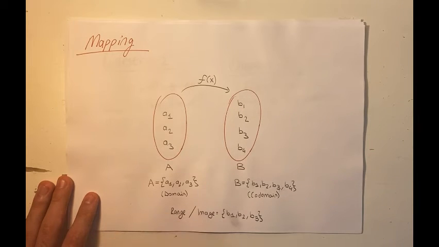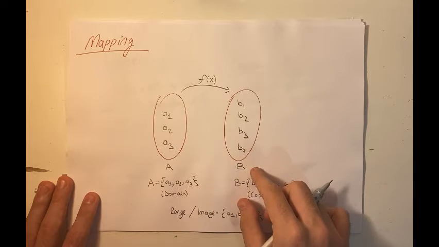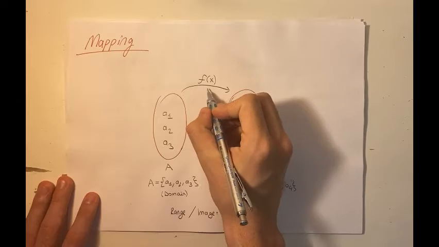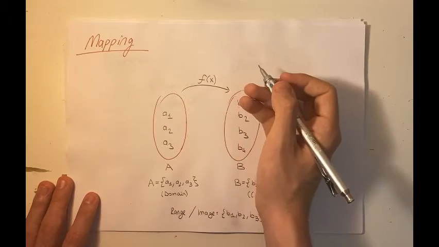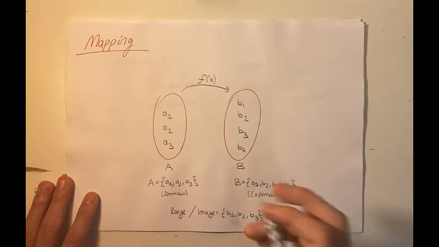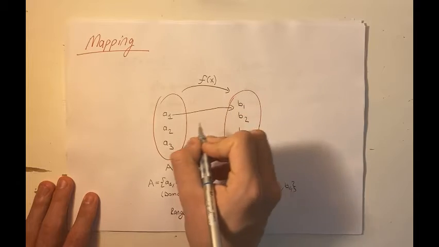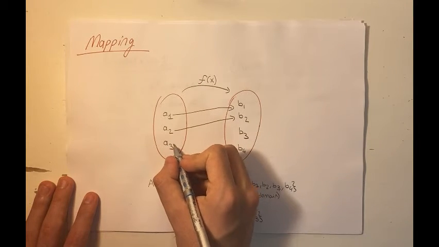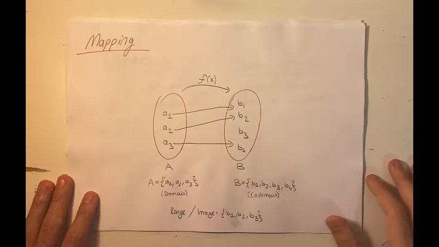We will do mapping from the elements in set A to set B, and the process between them will be called function f. Let's suppose A1 goes to B1 and A2 goes to B2 and also A3 goes to B4. This can be considered as a typical function.